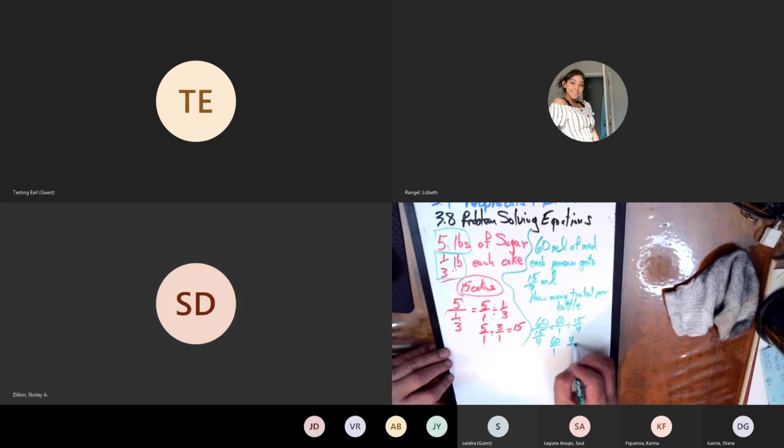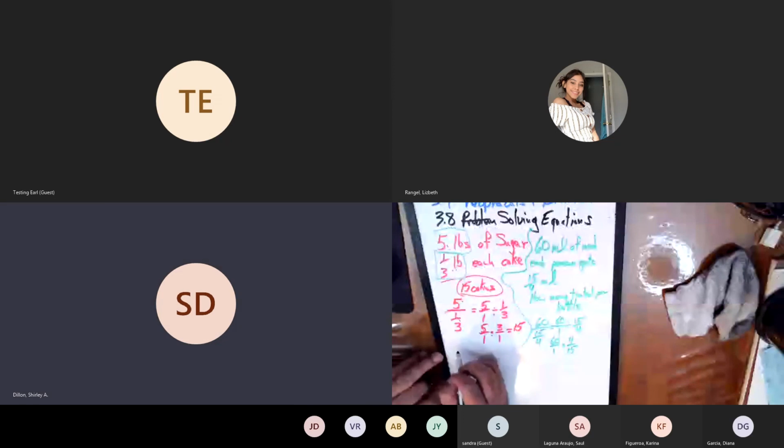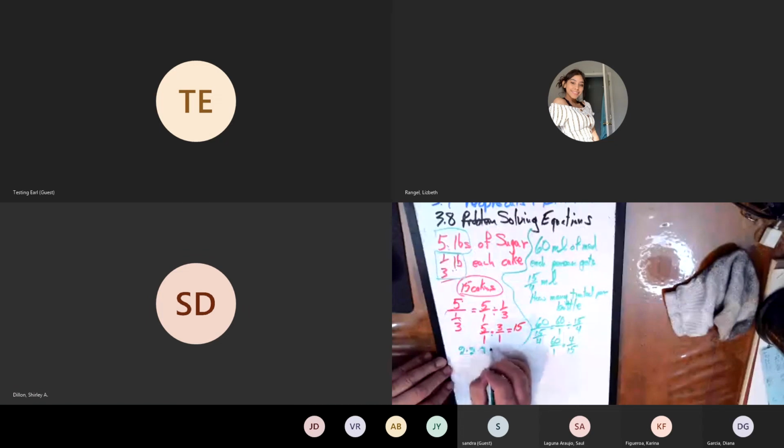You flip the second one, and you multiply. You invert and multiply. So now I have 60 times 4 over 1 over 15. 60, am I going to break that into pieces? Sure. 2 times 30, which is 2 times 15, which is 3 times 5, times 4, which is 2 times 2, all over 15, which is 3 times 5.